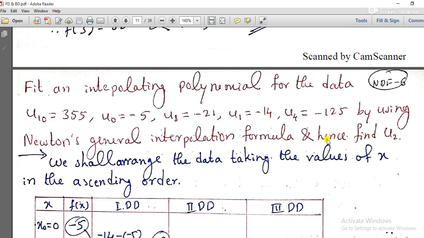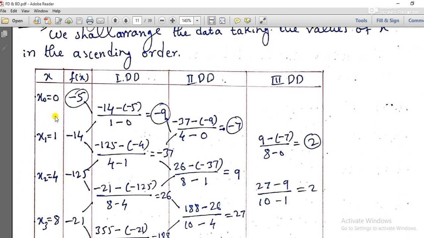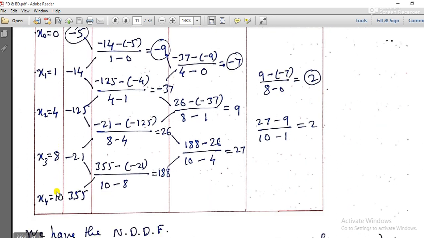Here the values are random; you have to find u2. u3 is not given, u4 is there, u5 is also not given, u10 is there. So the points are 0, 1, 4, 8 and 10.